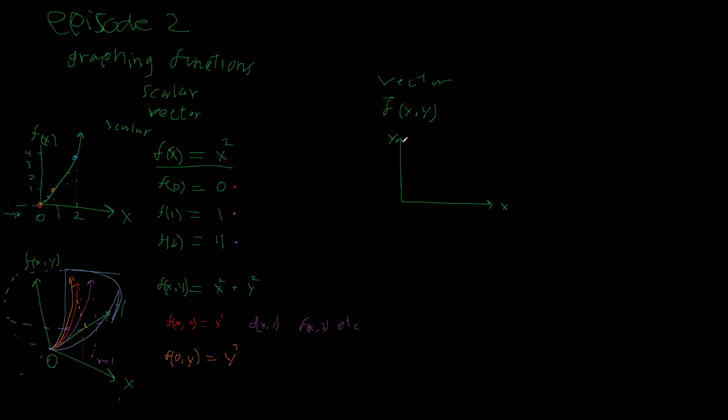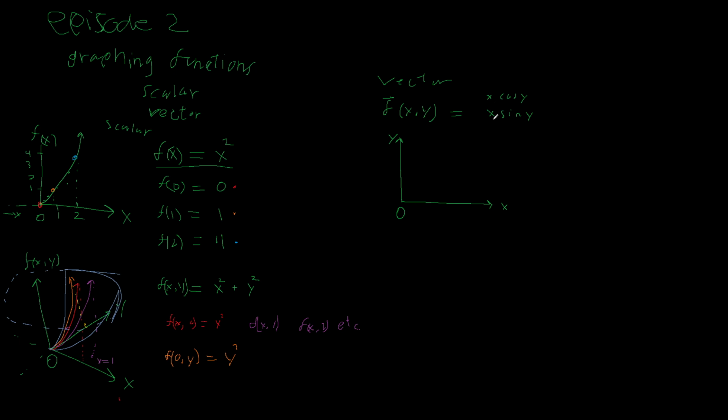We start obviously at 0. Nothing happens at 0 for this thing. We'll think about f equals x cosine y, x sine y.